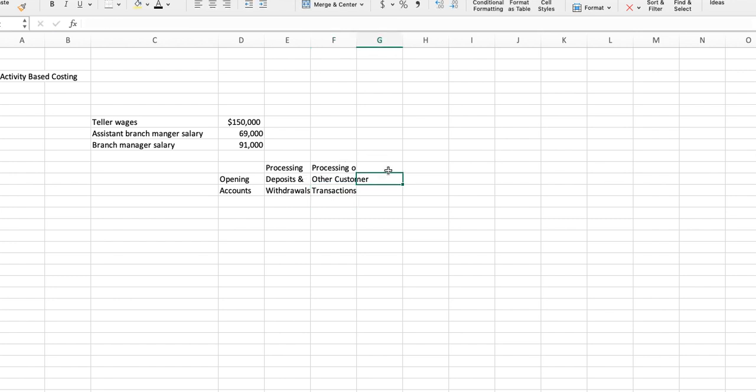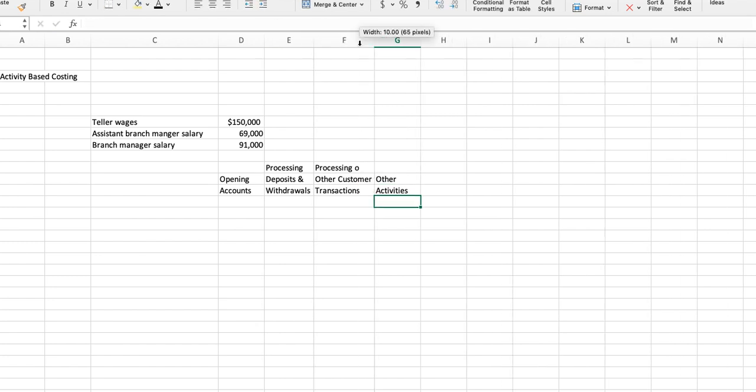And then we have other activities. And so even though it's not a very detailed breakdown, we did go from one rate, if we did predetermined overhead rate, to 4 activities.